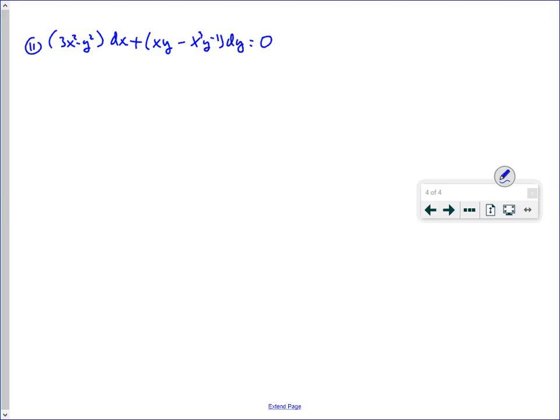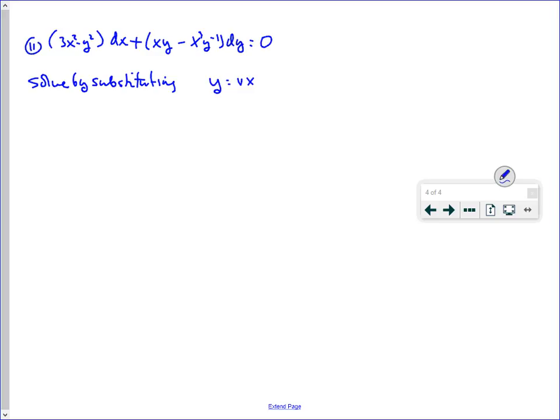All right, now what we do here is we solve by substituting. And the substitution is y equals v times x.